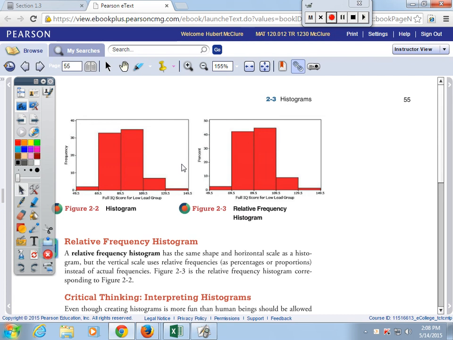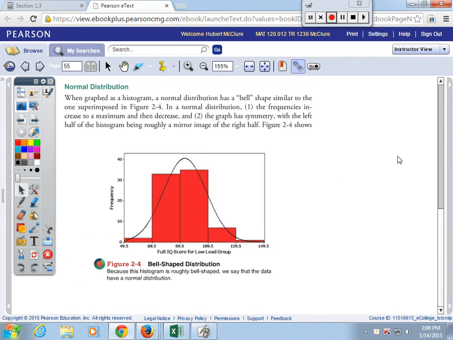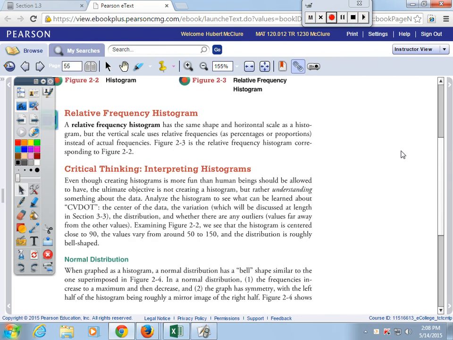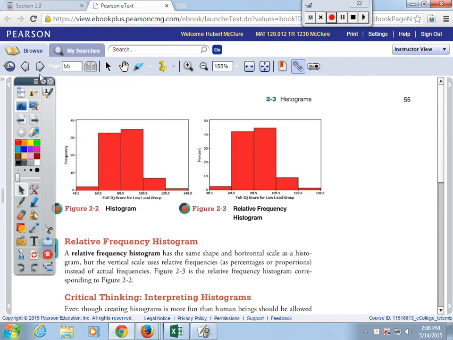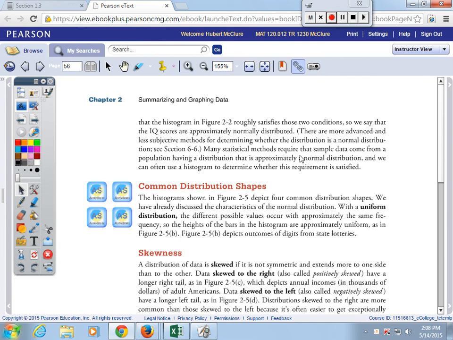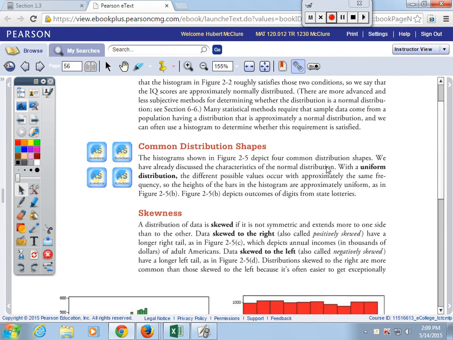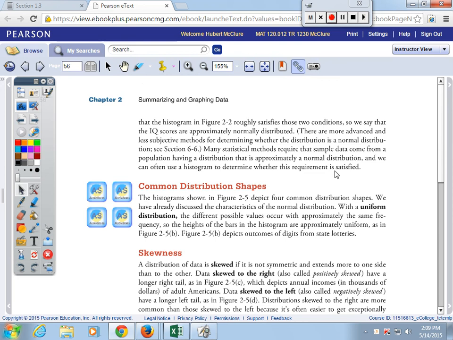Both of these are histograms. In a bar chart, there'd be a space between the blocks. I was going to see if I could find one, but it's in the next section. Okay. We'll get there. So could you put qualitative on the histogram?